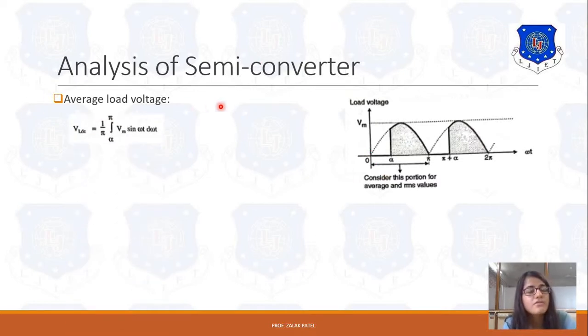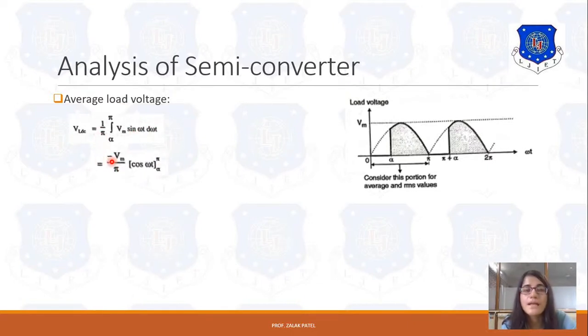The average load voltage is given by VLDC equals 1 upon pi, integrated from alpha to pi, of Vm sin omega t d omega t. If we integrate this, Vm upon pi remains as it is, and the integration of sin omega t becomes minus cos omega t.